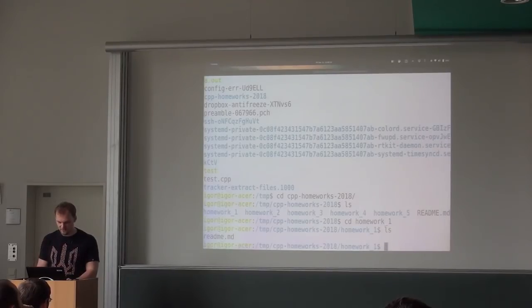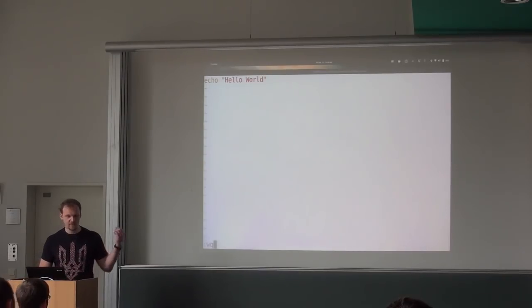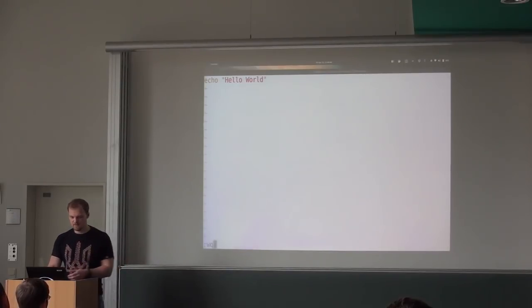You don't know what the homework is yet, but you will need to write a bash script on your own, and let me just try to do it here quickly. I want to write this script, and let's say all it does is type hello world. So this command will just be executed by a terminal.